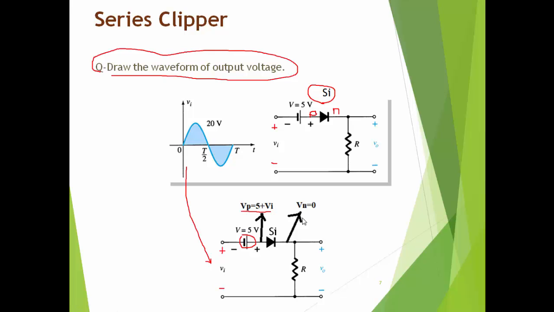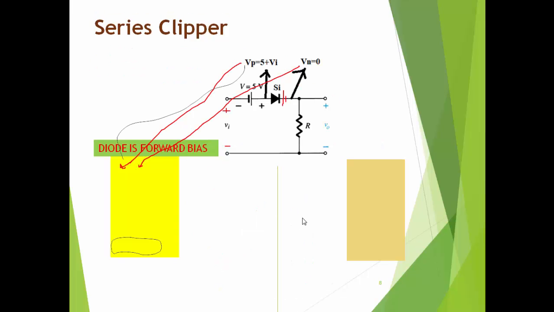Now, we move towards next step. We know that this circuit is of series clipper. In silicon diode, if we are saying that this is a forward bias, in that condition, we say that Vp minus Vn is greater than 0.7 volt. So, we write the condition Vp minus Vn is greater than 0.7 volt.